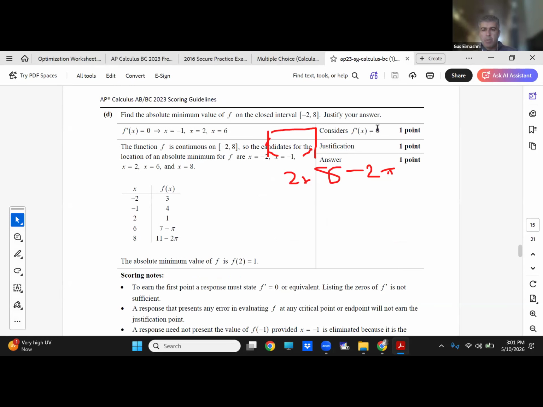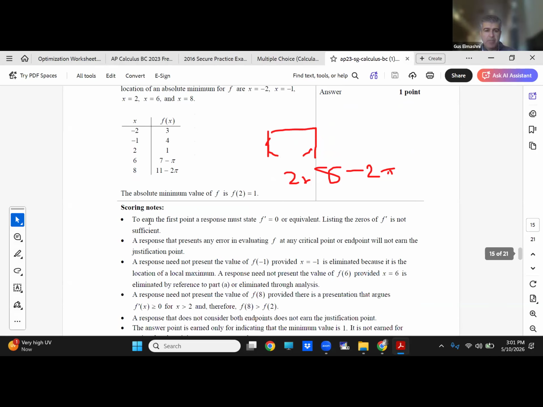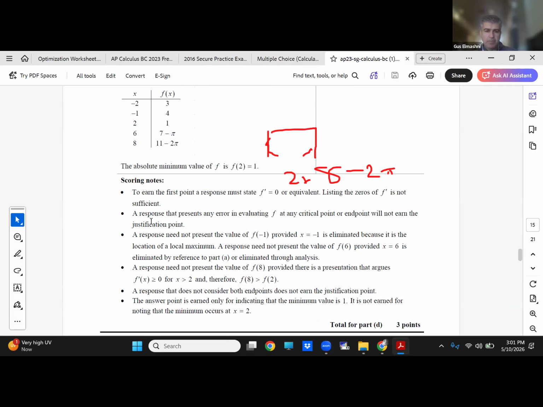And we definitely have to consider the critical points. You have to justify; basically the table acts as justification, and then you state what it is at the end. You have to consider the endpoints, right?